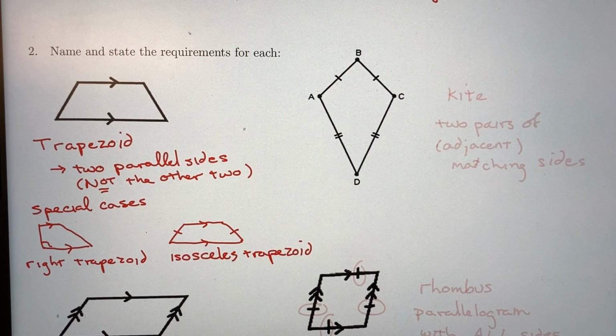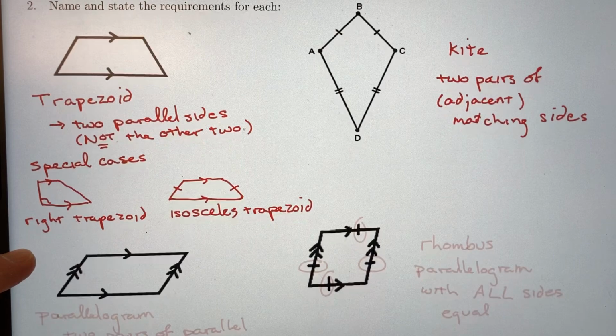The next one, appropriately enough, is called a kite. 2 pairs of adjacent matching sides. What do I mean by adjacent? Well, if they're opposite, like in the next picture, you have a parallelogram instead.